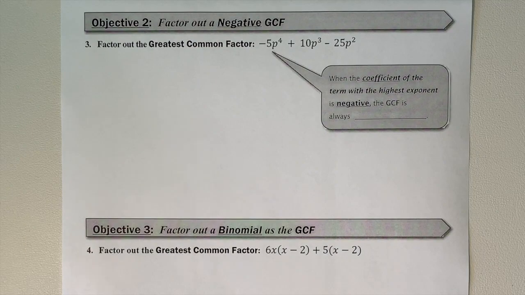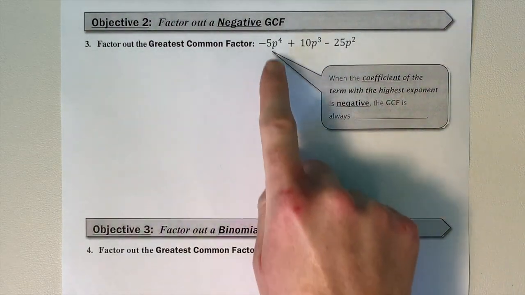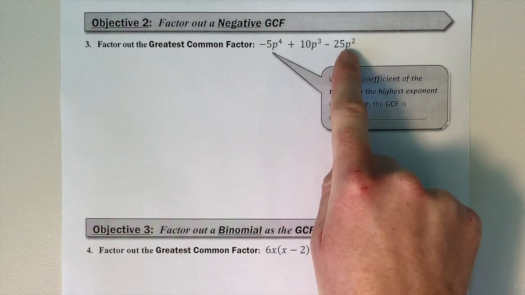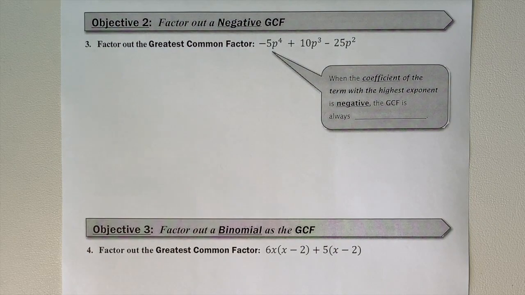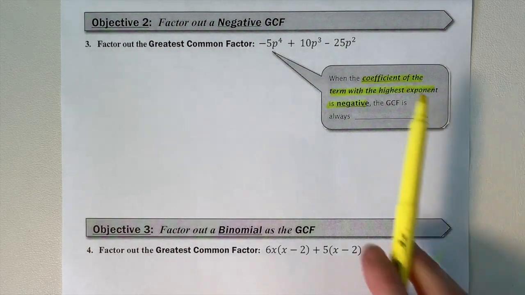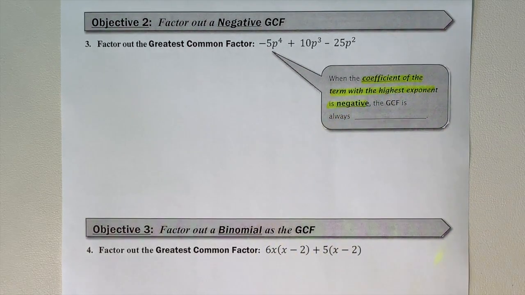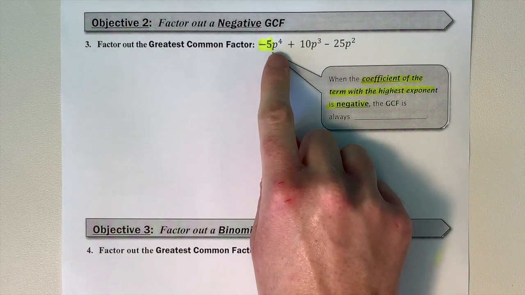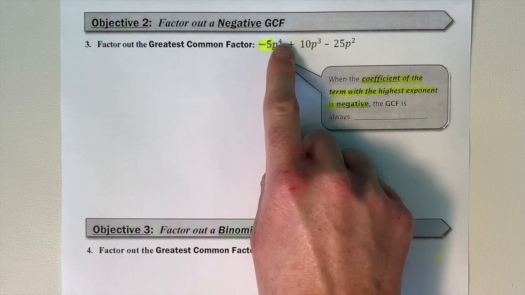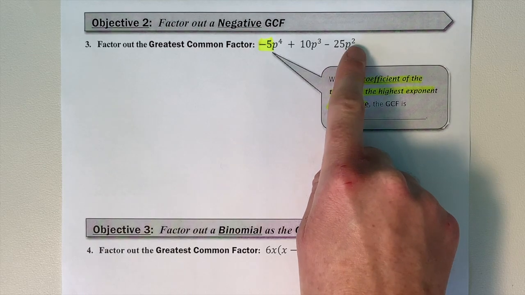Now, when mathematicians were developing the language of mathematics, they had to create a set of rules for us to follow so that when we see a problem like this, we all come up with the same answer. One of the rules that mathematicians decided upon when factoring is that when the coefficient of the term with the highest exponent is negative, and in this particular example, our variables are p to the 4th, p cubed, and p squared.